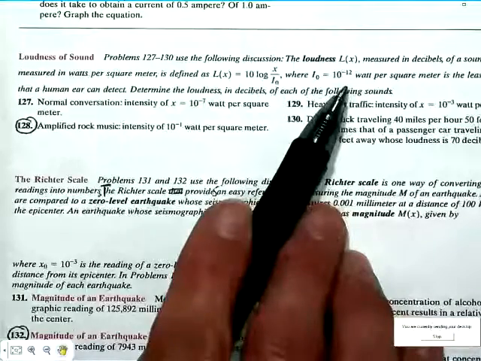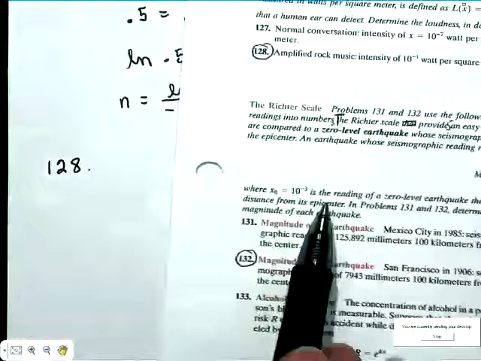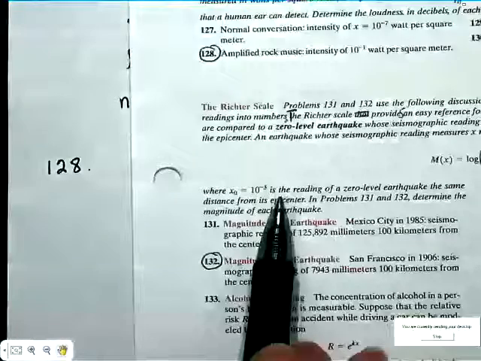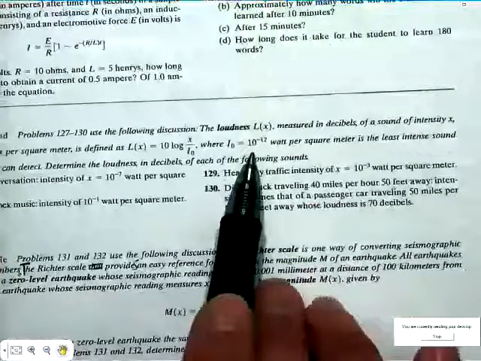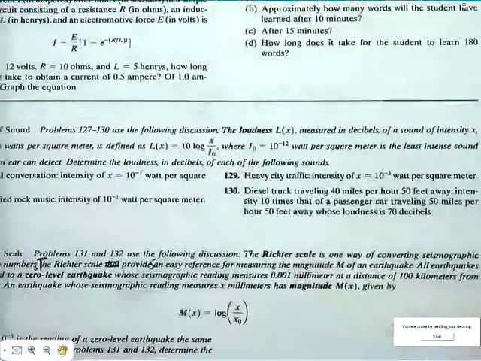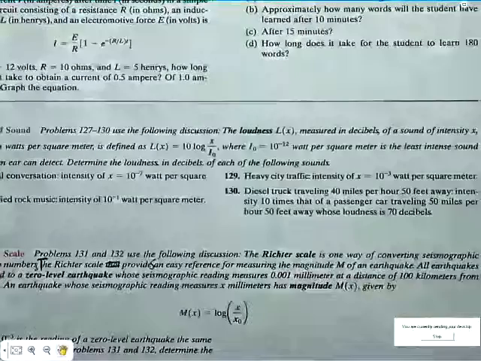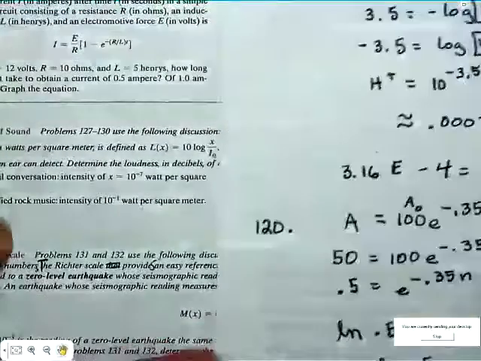You know what? 10 to the negative 3 is coming up down here when we talk about the Richter scale rating, and I wasn't looking closely. It is 10 to the negative 12. All right, so 10 to the negative 12 is what you put in place of I sub 0. So number 128 gives us the intensity of the amplified rock music as being 10 to the negative 1.